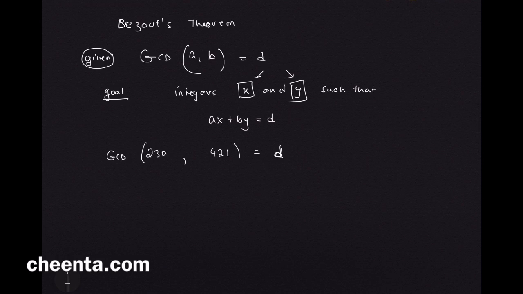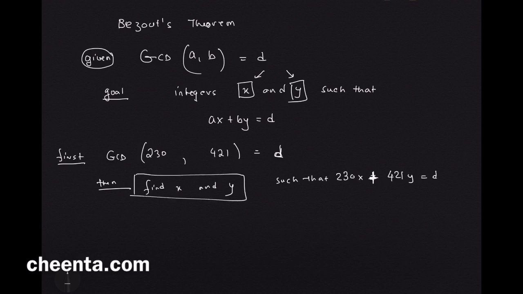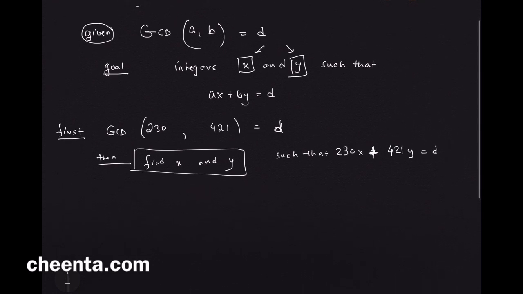Then find x and y such that 230x plus 421y is equal to d. So first find d, then find x and y. You should be able to see this in the quiz section if you are in the Chinta portal.